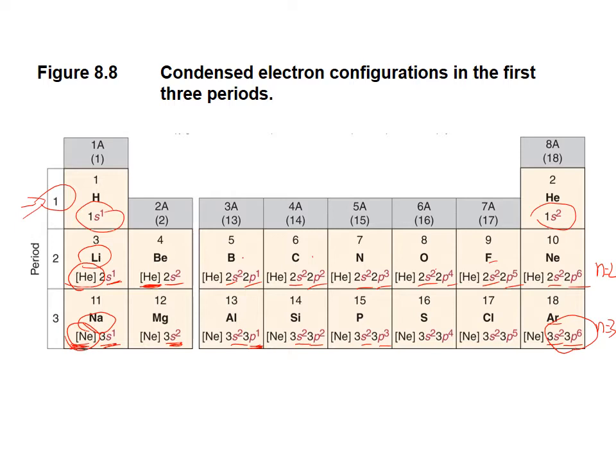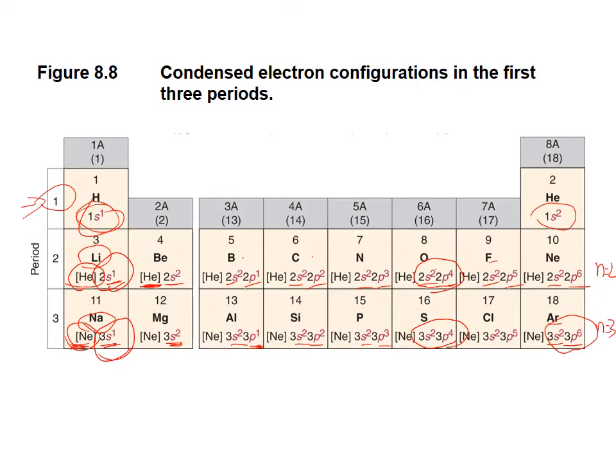So we can see again the outer shell electron configuration is the same for the same group elements. And you can see hydrogen 1s1, lithium 2s1, sodium 3s1. Okay, so let's look at the oxygen, 2s2, 2p4, sulfur 3s2, 3p4.